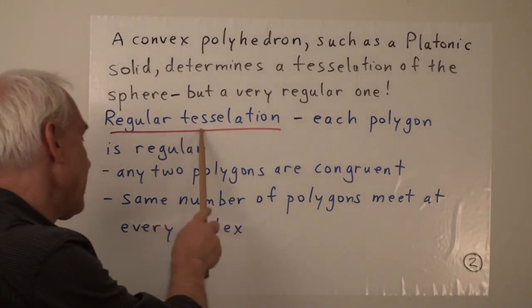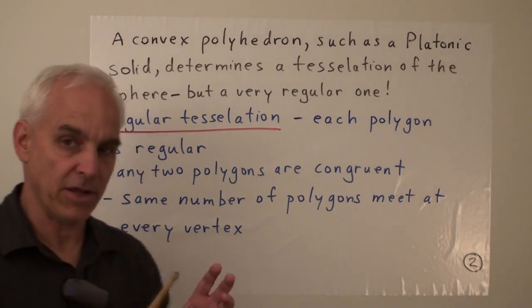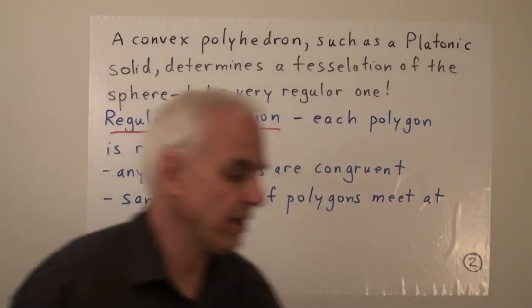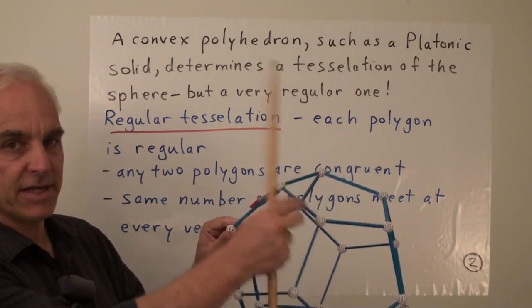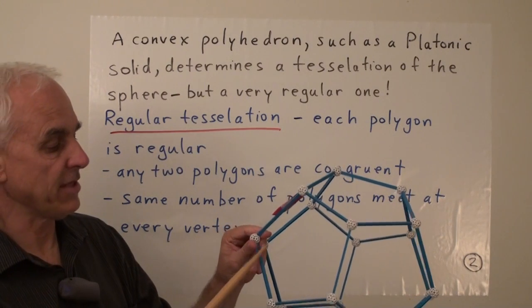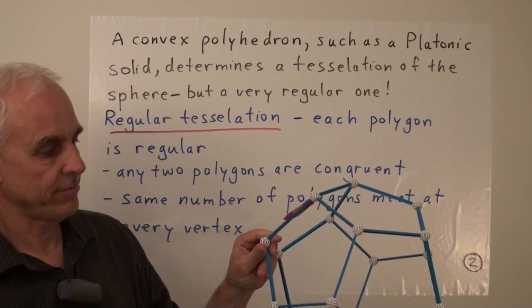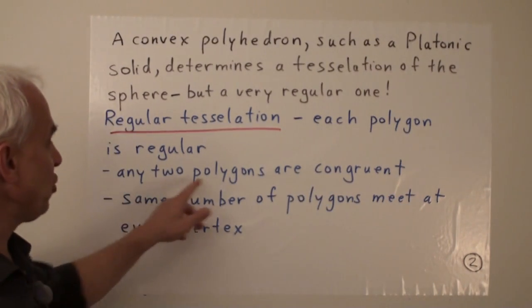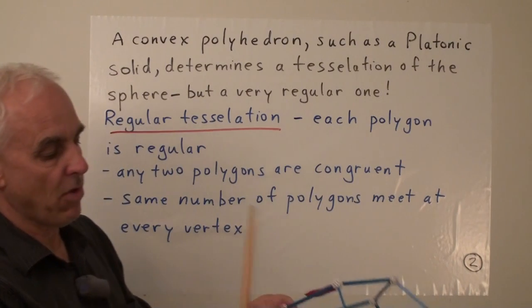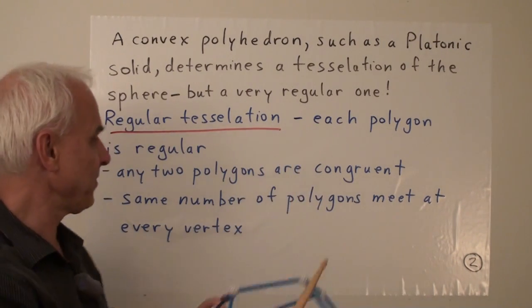So what does a regular tessellation mean? Well, it means that each polygon is itself regular, meaning that each of the sides is equal and that each of the vertices is equal. Or you might say these are the same angles or that they have the same spreads. Okay, so that's the first thing. Then any two polygons are congruent. We want one face to look exactly like another face.